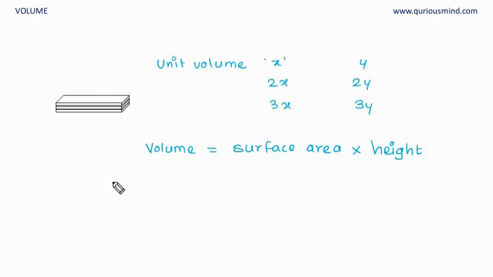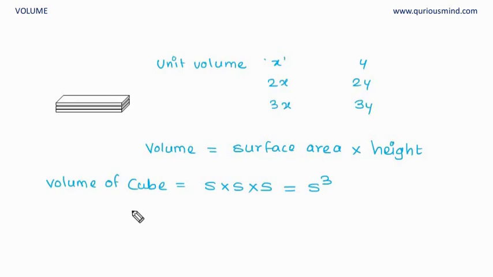And that helps us to find the volume of a cube. So volume of a cube would be its surface area. Surface area is length into breadth, or in case of cube it is square, so side into side, into height. And what is the height of a cube? It is also side. And so volume of cube is side cube.